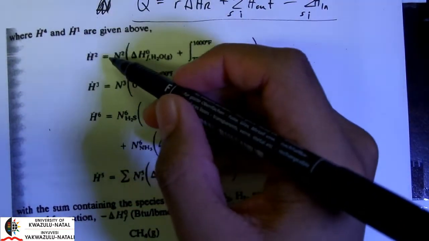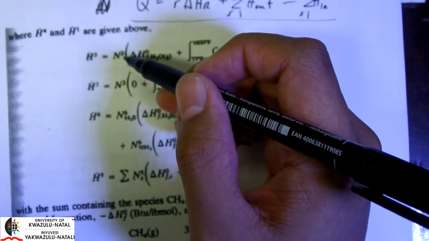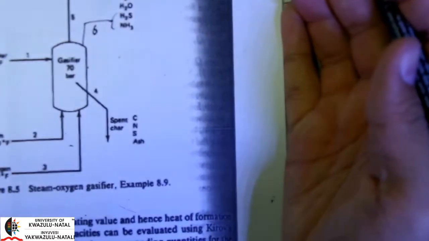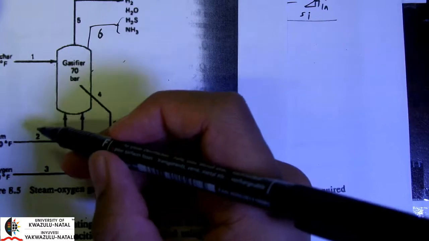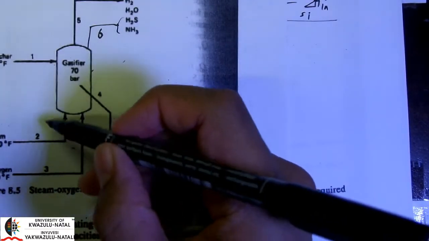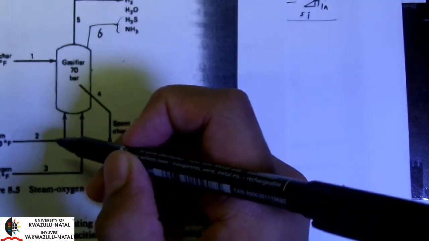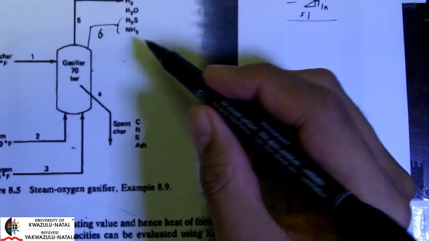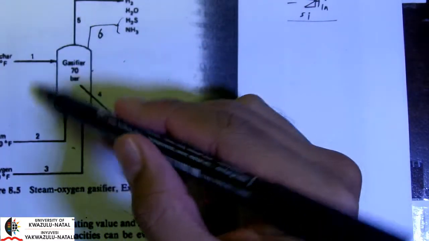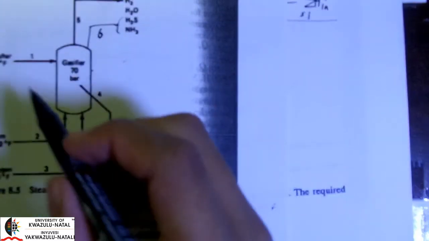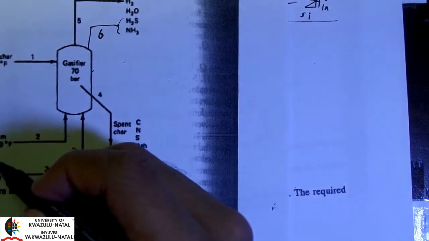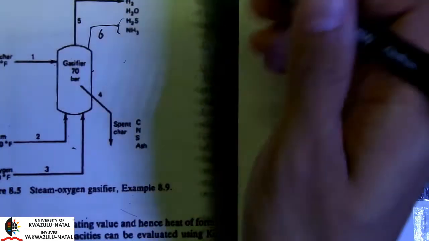Okay, now let's look at our other streams. For H2, we have our steam. And remember that now that we are writing out our energy balance using standard heats of formation, our reference temperature must always be our standard temperature, 77 degrees Fahrenheit. So we can take our enthalpy H2 from 77 to 1000.